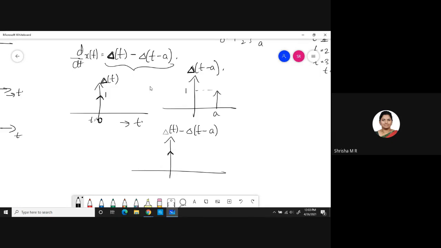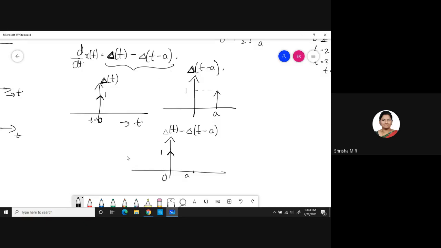Delta t minus delta t minus a, what happens at a? What is the amplitude at a? This is delta t minus a, but you have delta t minus delta t minus a.